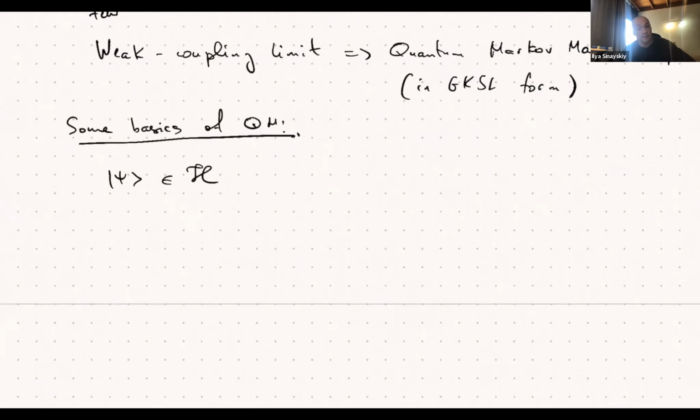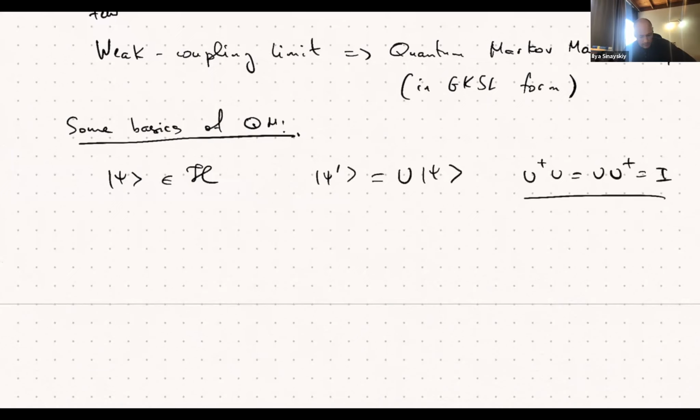These wave vectors in the Hilbert space are evolved by something called a unitary transformation. To go from the wave vector psi to psi prime, I apply a unitary transformation. And of course, unitary transformations have the nice property that they preserve the norm of the wave function, such that U dagger U is equal to U U dagger is equal to identity.